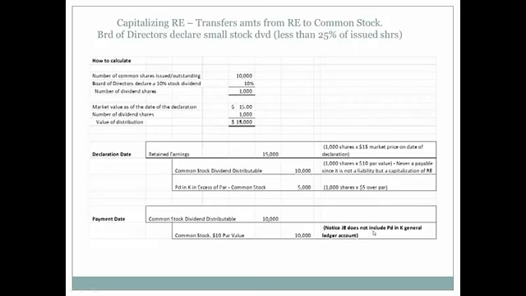Notice the journal entry does not include paid-in capital in the general ledger account. So notice that the paid-in capital portion of this transaction was booked to the general ledger as of the declaration date, but as of the payment date or the distribution date, there's no journal entry that affects paid-in capital in excess of par. So it's a crazy little set of transactions there.